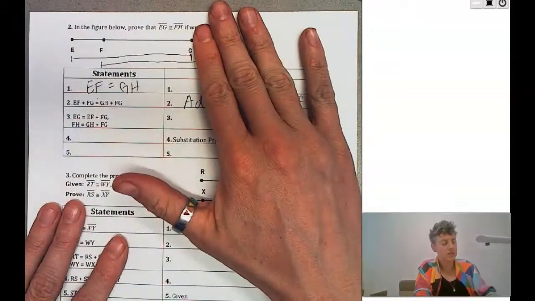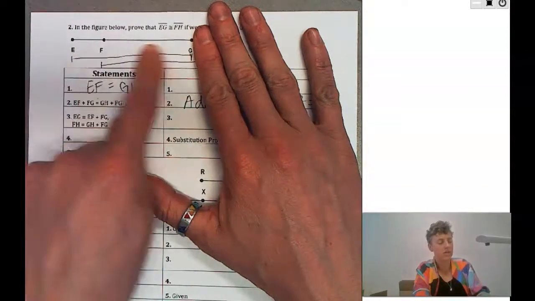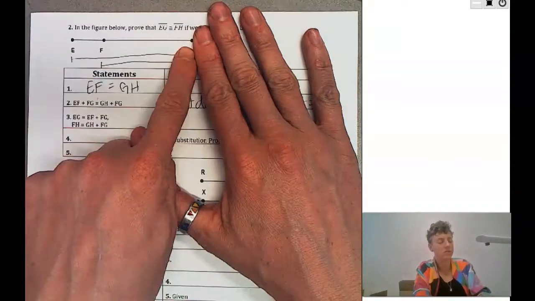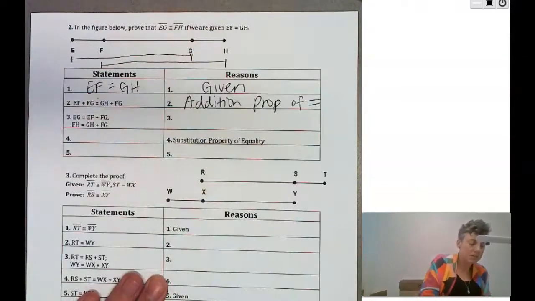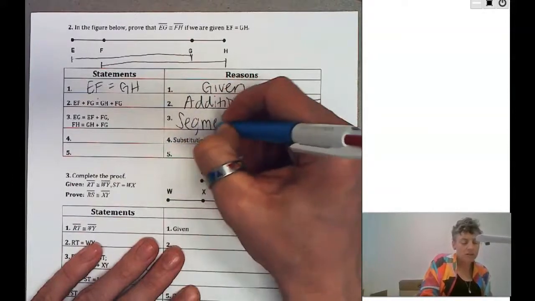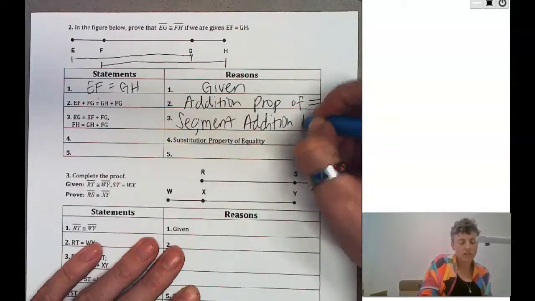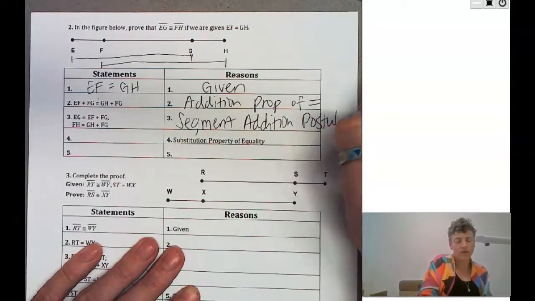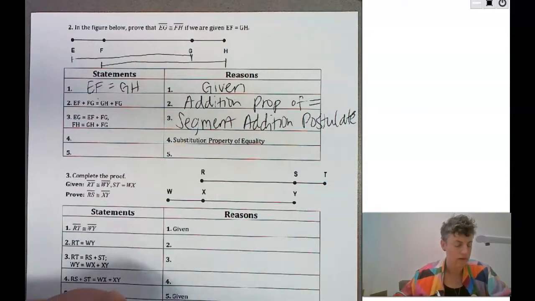Why is a long segment equal to 2 smaller segments added up? Oh yes, the segment addition postulate. That one's going to show up all over the place. It's very, very popular.